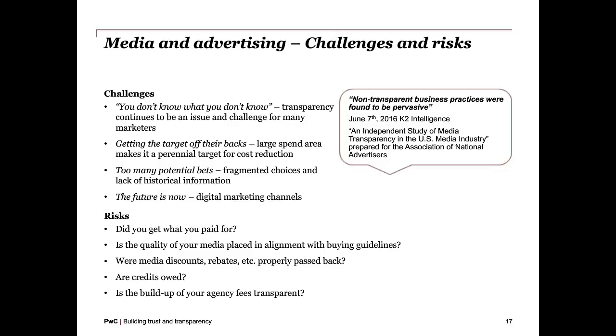So it's important for many companies to make sure they're getting what they're paying for, that the quality of the media is right, that they're in the right programs, in the right media, and that they're hitting their target audience and the customers that they want to reach. It's very important. As I mentioned before, media discounts, rebates, credits that could be owed. So there's really a component to this of cost savings when you're doing this type of contract review in the media and advertising area. Just want to walk quickly through a case study on the next slide.